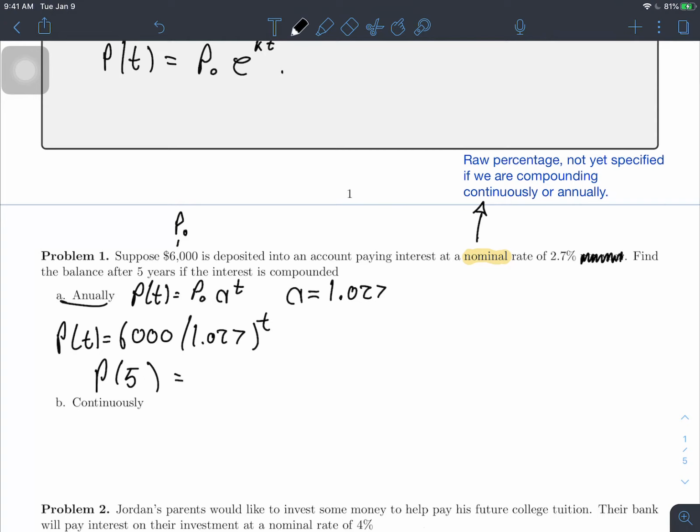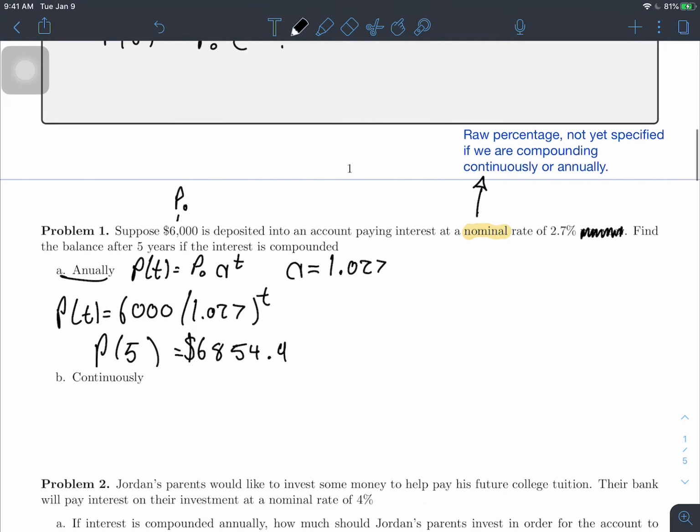So if we plug that in, we'll get 6,854.9. So that's how much money we'll have at the end. So we made like 850 bucks of interest. Okay, now let's try doing it continuously.